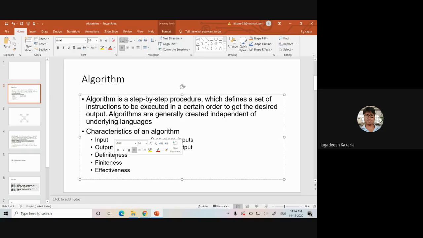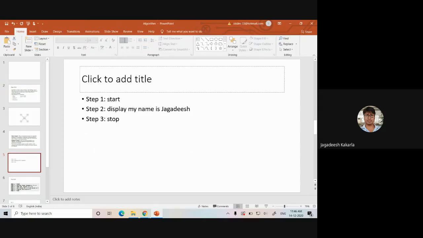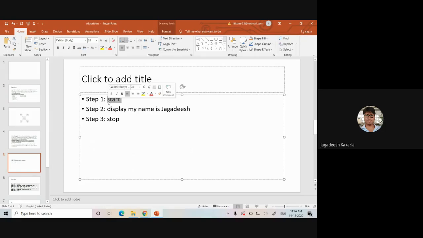So every step in the algorithm should be clear. That is very important. How many members have understood? Every step in the algorithm should be clear and unambiguous. It should not be ambiguous in nature. Let's take this one: start the algorithm, display my name is Jagadish, stop.